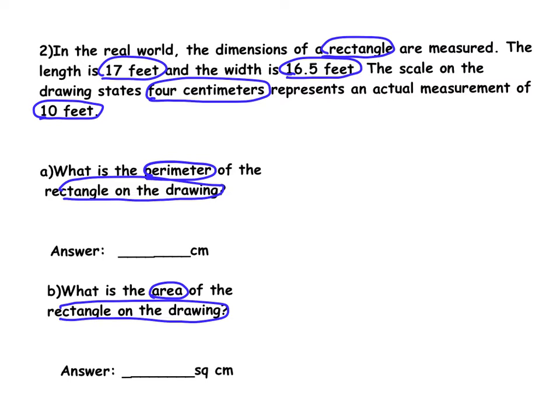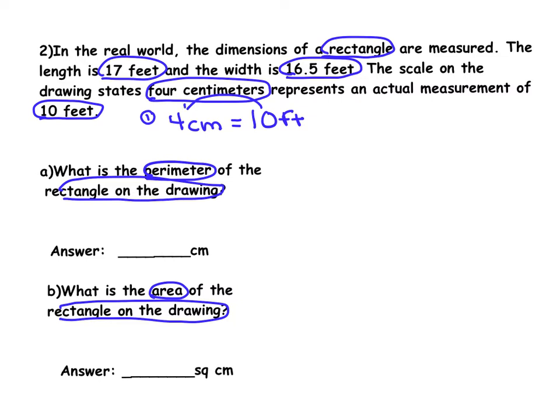So, in this particular case, we're given a scale factor that states, please write this on your own page, 4 centimeters on paper equals 10 feet in the real world. Step 1, always write down your scale factor.